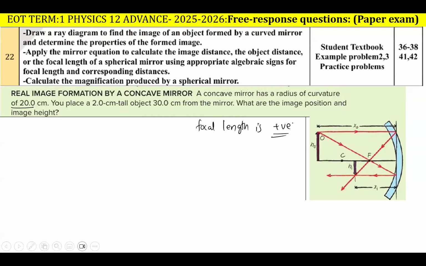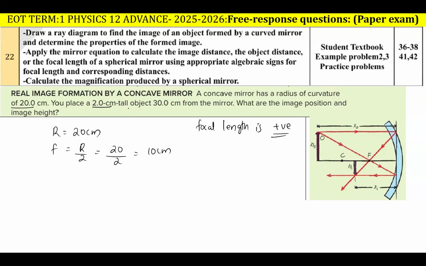If it is not given, it is our responsibility to identify whether it is positive or negative. So R is equal to 20 centimeter, and F is basically R divided by 2. So this is 20 divided by 2, which is 10 centimeter.